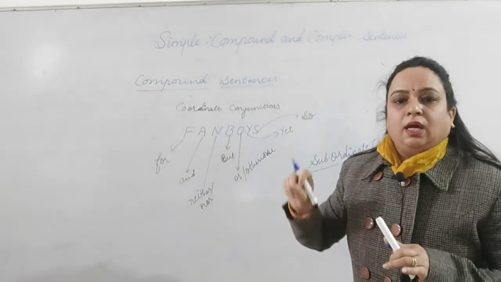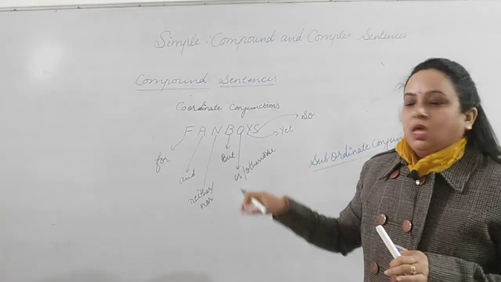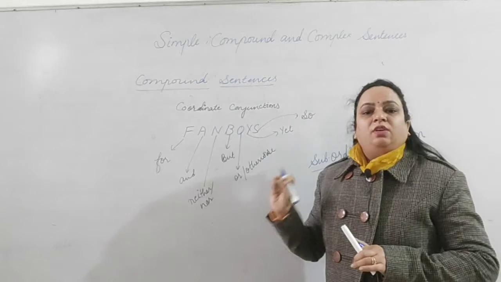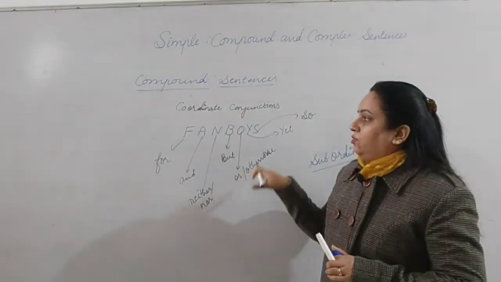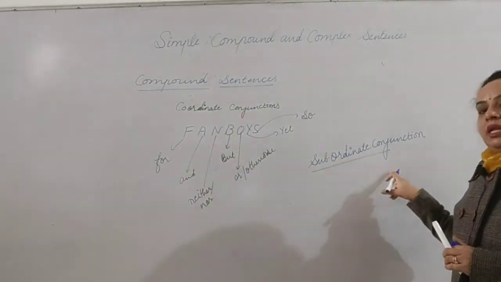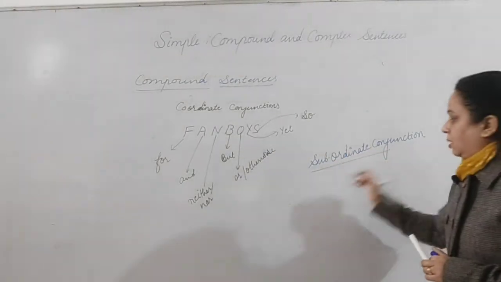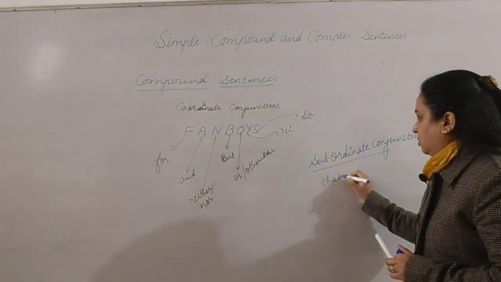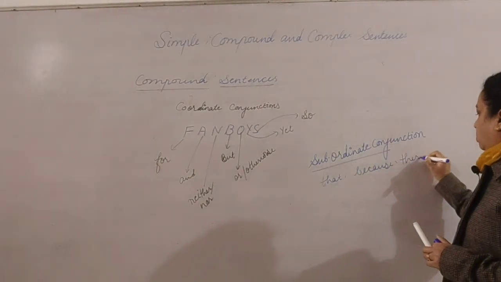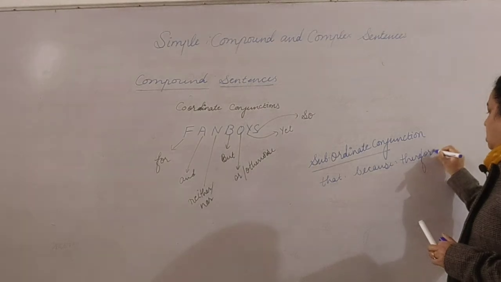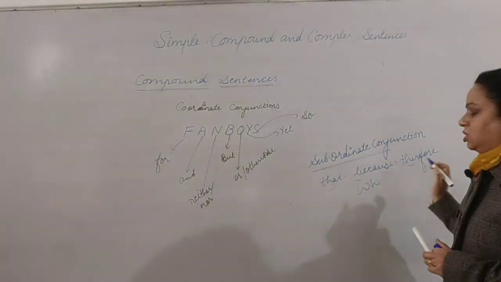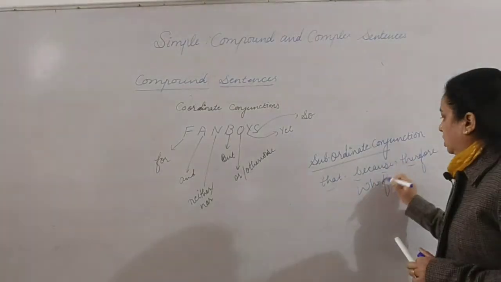FANBOYS will be coordinate conjunctions, and if we get these conjunctions in a sentence which has two finite verbs, that will be known as a compound sentence. But if we get any conjunctions other than these words, suppose we have because, we have therefore, okay, these conjunctions, the WH family words, are known as what?